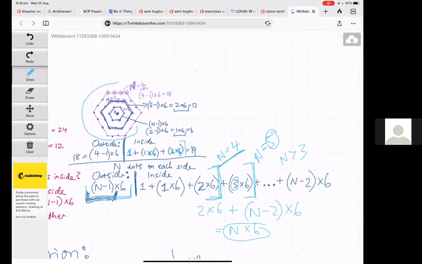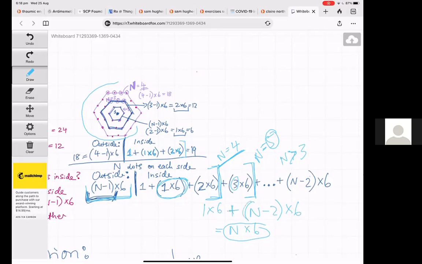So if n is bigger than 3, then we take the 1 times 6, because when n is bigger than 3, the 1 times 6 is always there.